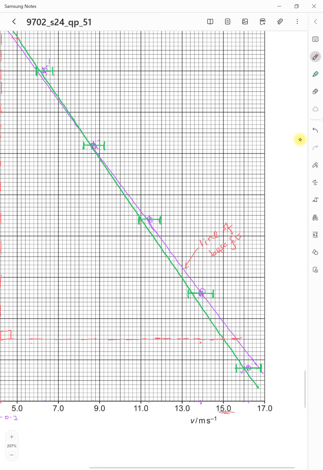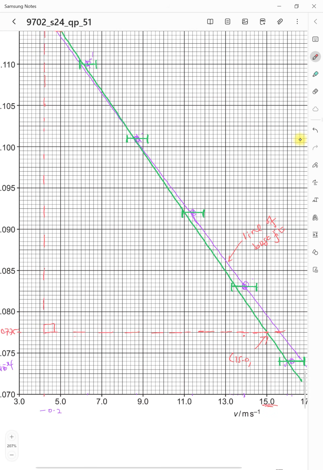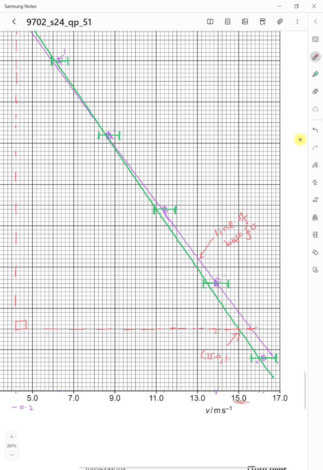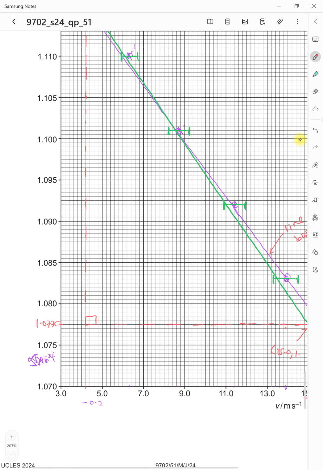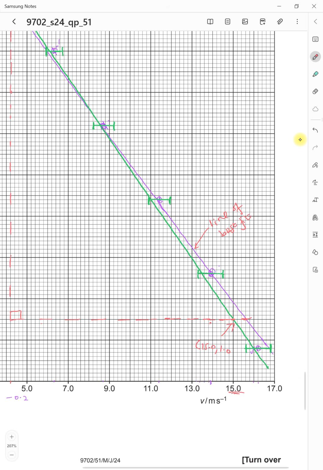So now I have values for this one. I have 15.0, and on the x-axis I have 1.0775. Don't forget this is times 10 to the power of minus 3. Then here I have 15.6 against the same value 1.0775. Of course, this is times 10 to the power of minus 3.